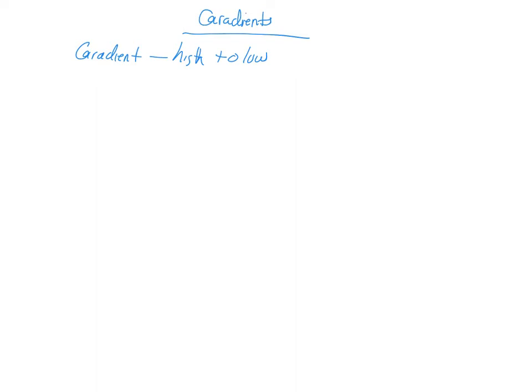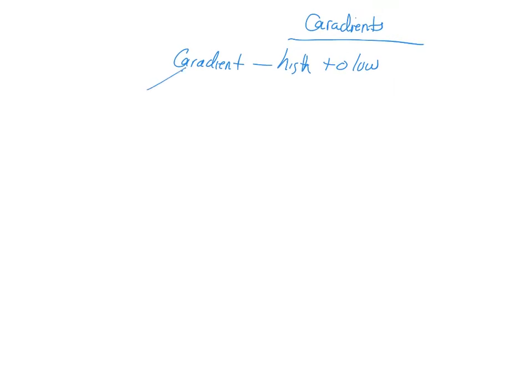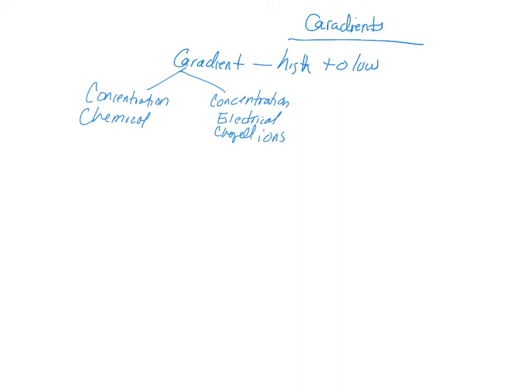So let's talk about those a little bit. Okay, so you've got concentration gradients, which are chemical. Ions are going to diffuse passively from high to low. You have concentration gradients that we call electrical, but by electrical, we're actually talking about charged ions. Which brings us to this idea of electrochemical.